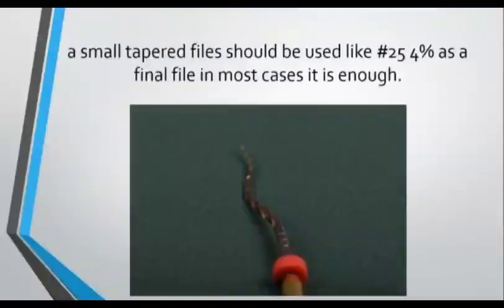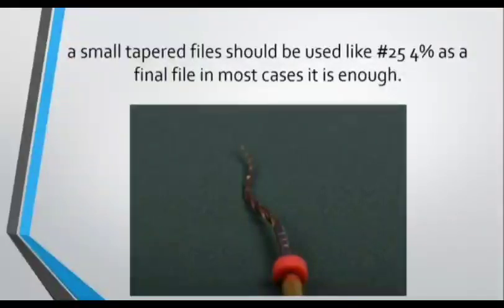Small tapered files should be used, like file number 25 tapered 4%. As a final file, in most cases, it is enough. This advice is originally derived from the relatively new concept that we enlarge canals only to allow irrigants to reach and disinfect the complex anatomy of the canal.